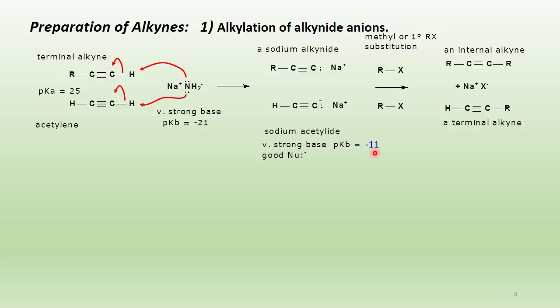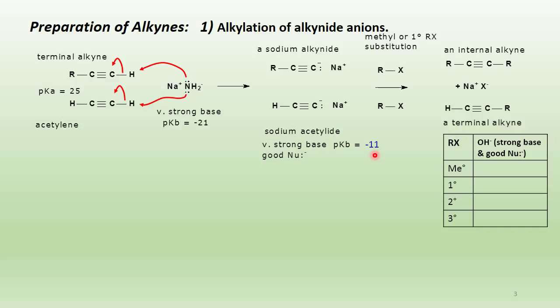Now, if you recall from the elimination reaction preparation of alkenes in the previous videos, strong bases are also good nucleophiles, and they undergo specific reactions with alkyl halides. In the case of a secondary or tertiary alkyl halide, elimination occurs, producing an alkene.